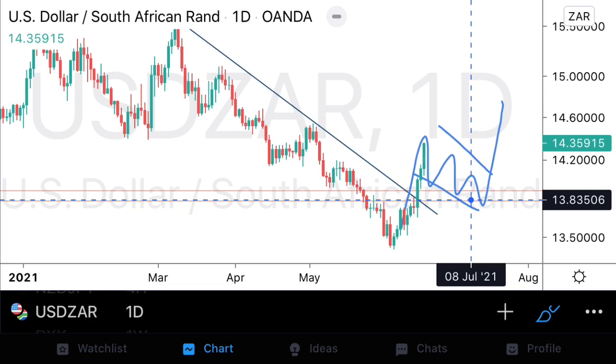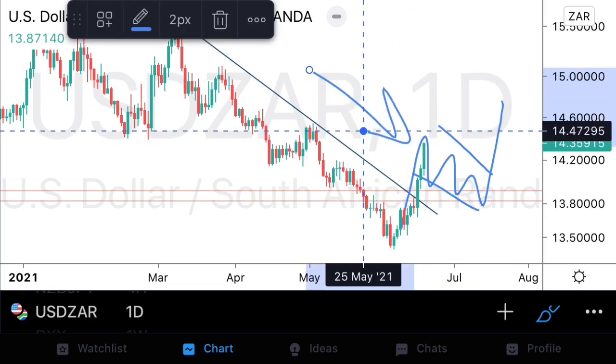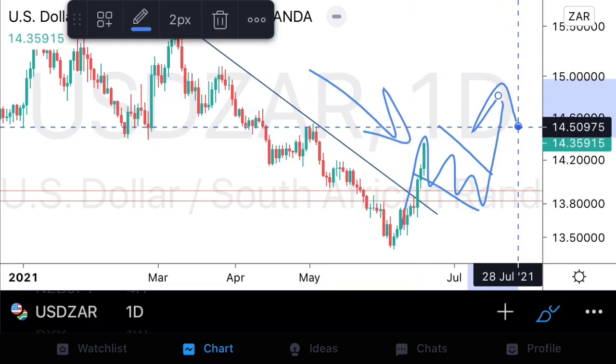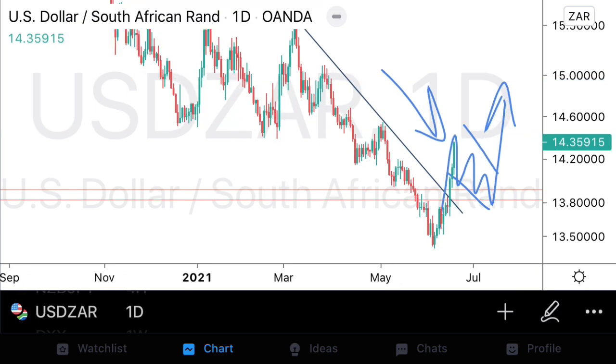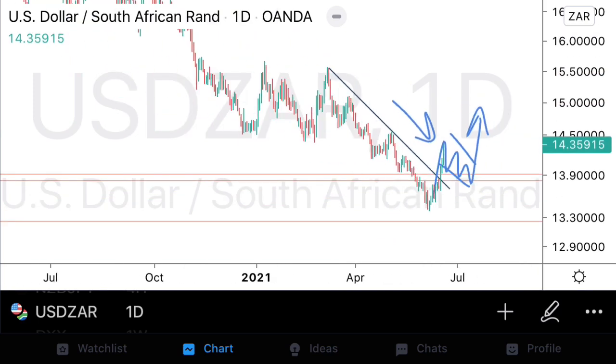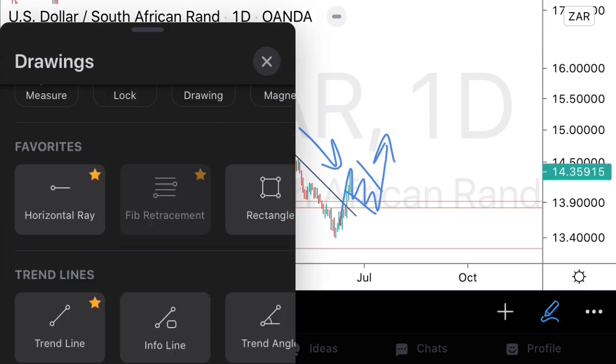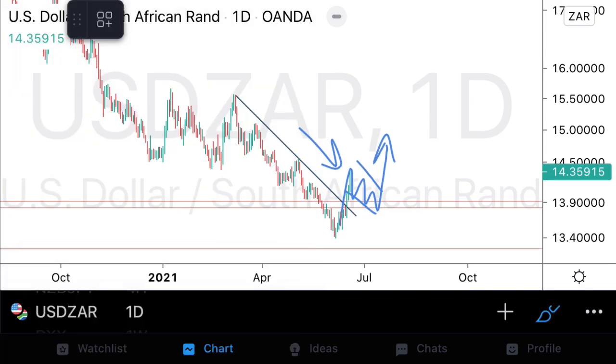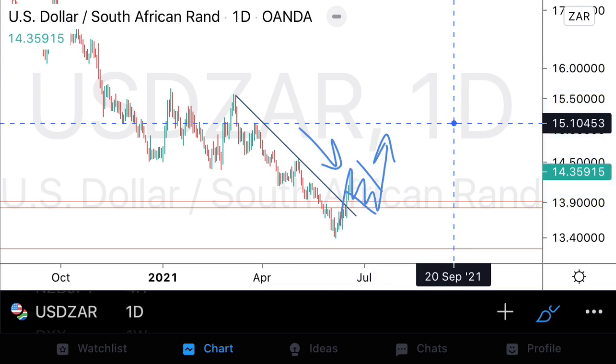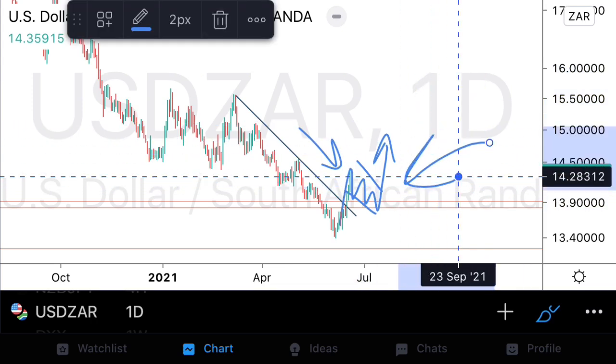Once we see this entry criteria being met, we're in for the buys, guys. We want to be in for that higher time frame momentum that we might be seeing coming in to the upside, and these are the kind of setups we will be looking for on USDZAR. We're going to be bullish going into next week, looking for that bullish bias price action, just waiting on a reason to jump into this market.